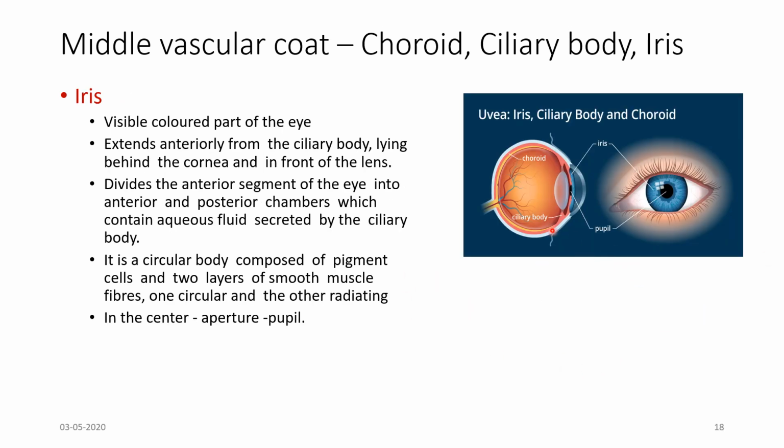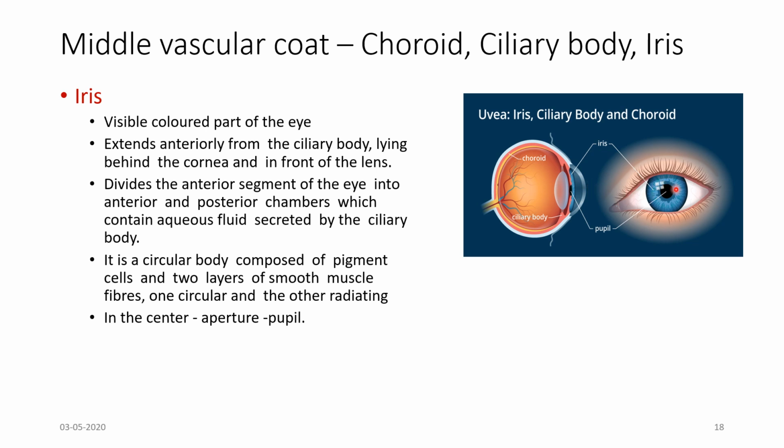Then coming to the iris. This is the extension from the ciliary body anteriorly, and it lies behind the cornea and in front of the lens. It divides the anterior segment of the eye into anterior and posterior chambers, which contain the aqueous fluid secreted by the ciliary body.